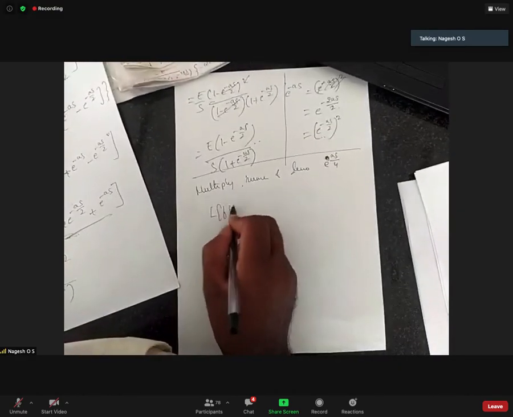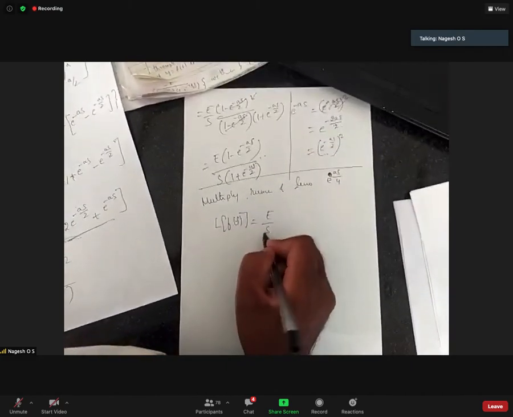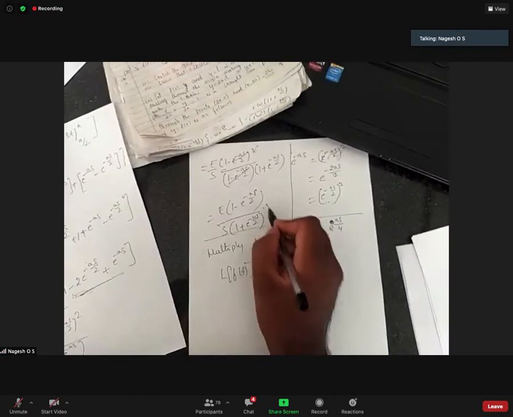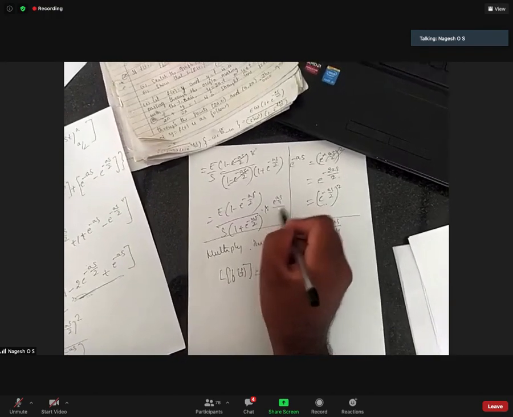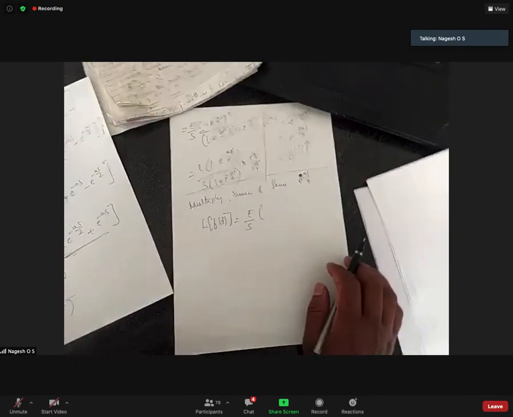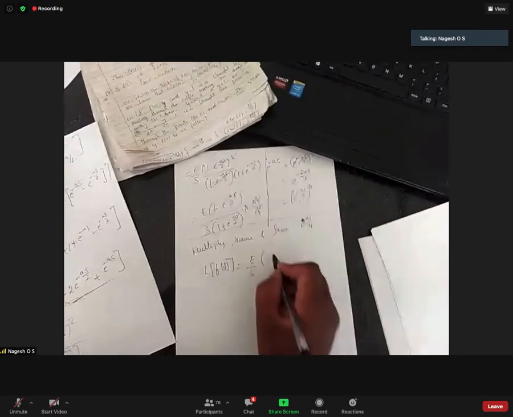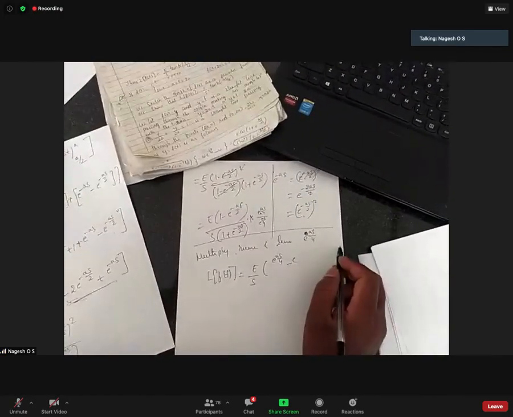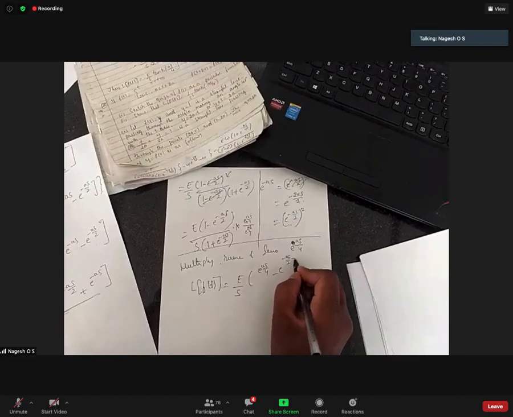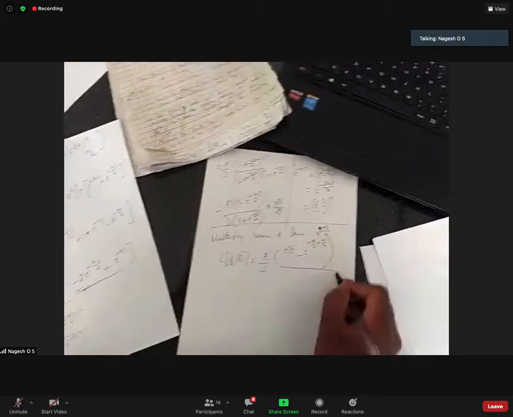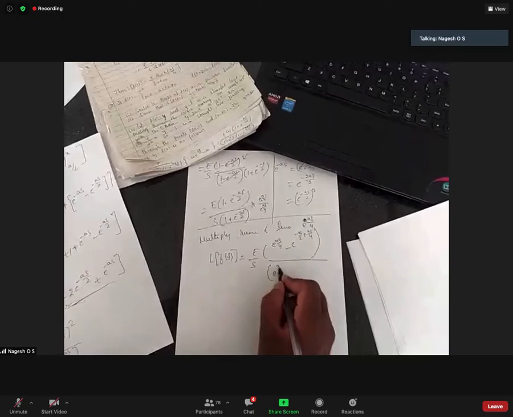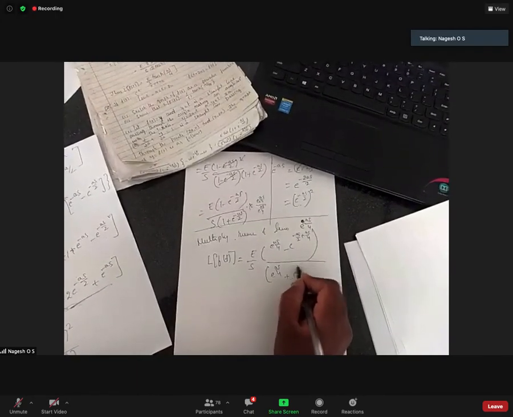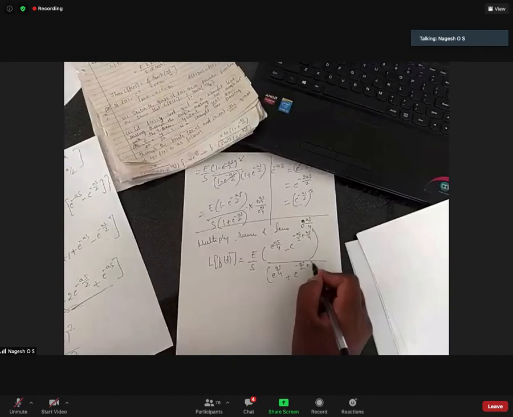L of f of t equals e/s. If you multiply the numerator by e power s by 4 divided by e power s by 4, this step is done to get tan hyperbolic. The powers can be added because the base is the same: s by 2 plus s by 4 in the numerator, and in the denominator e power s by 4 plus e power minus s by 2 plus s by 4.